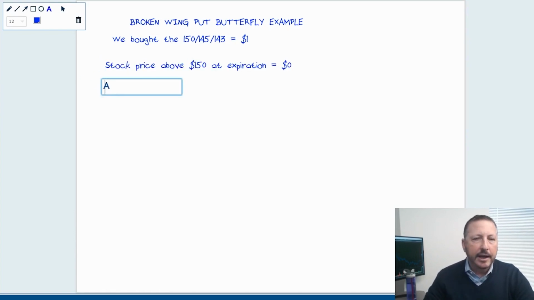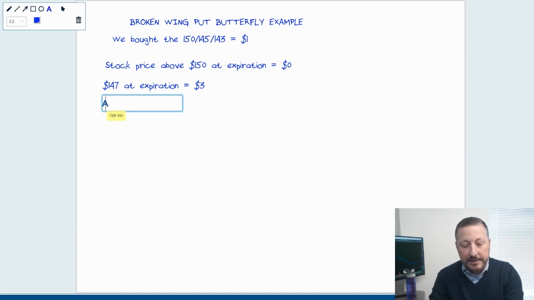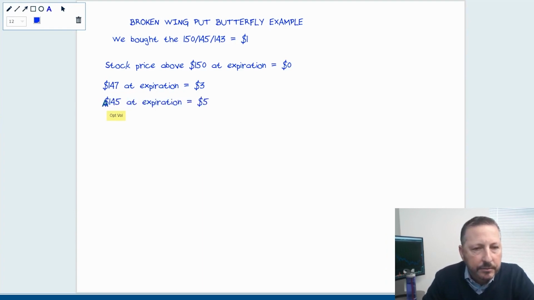Let's say we're at 147. Our long spread's going to be worth $3. The short spread's going to be worth 0. So the value of this butterfly will be worth $3. What you'll see here is the max is still going to be at the short strike. So at 145 at expiration, it's worth $5.